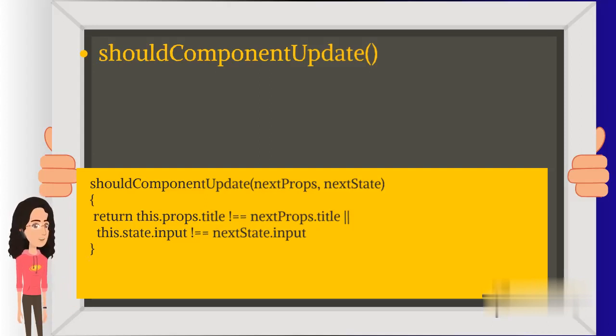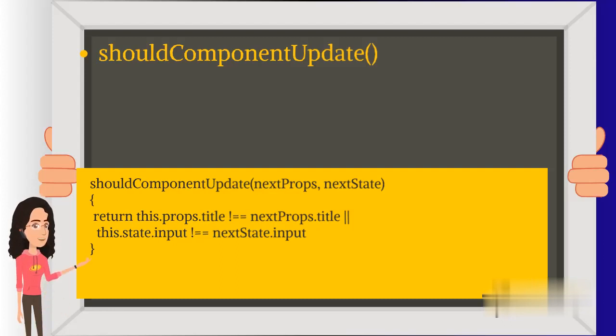The shouldComponentUpdate method is used to let React know if a component is not affected by state and prop changes.